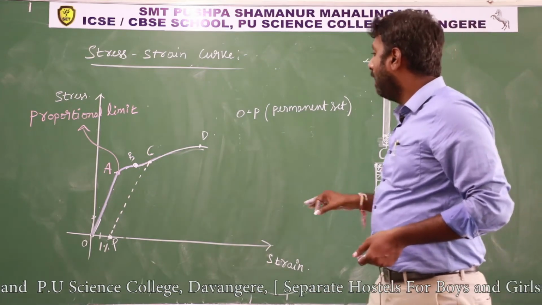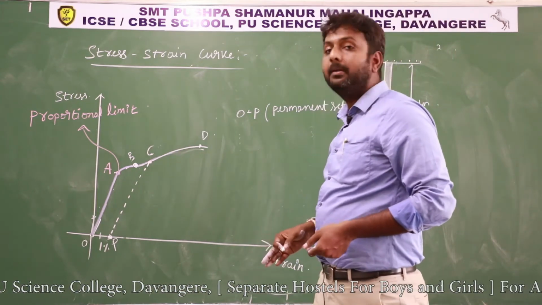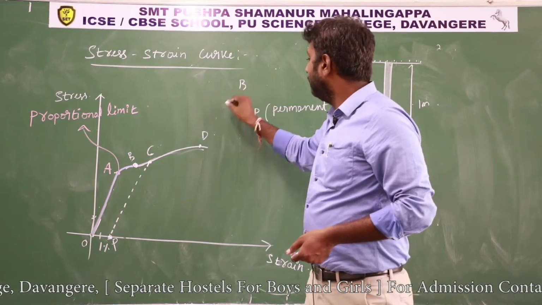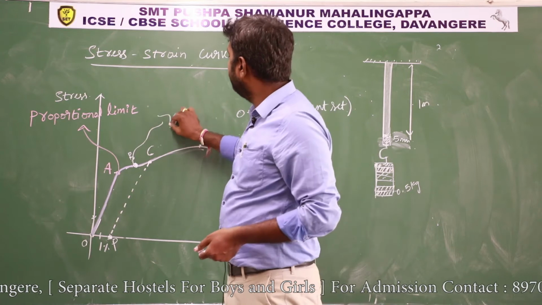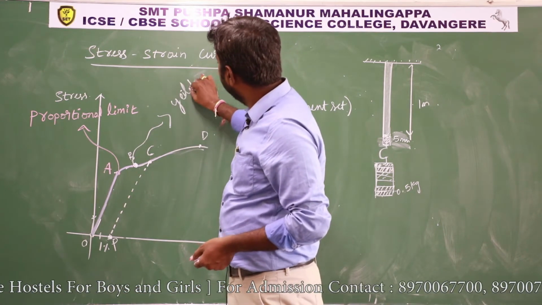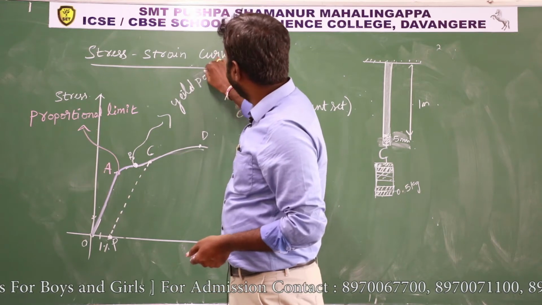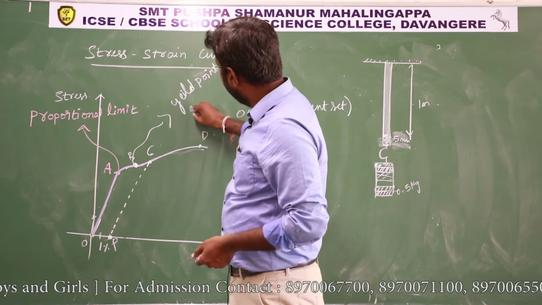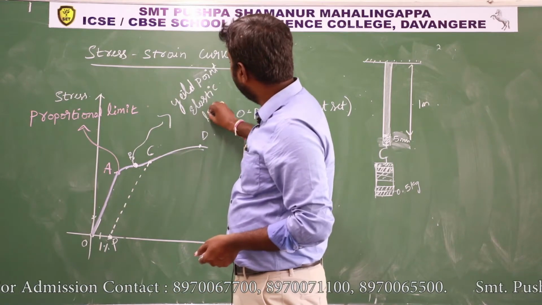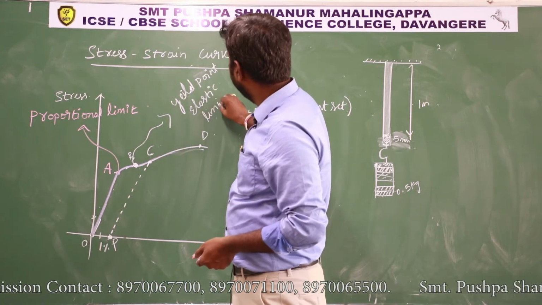And A point is called the proportional limit, and this B point is called the yield point, or elastic limit.